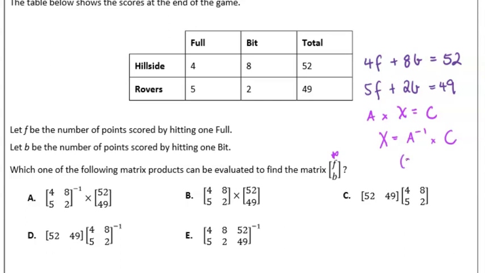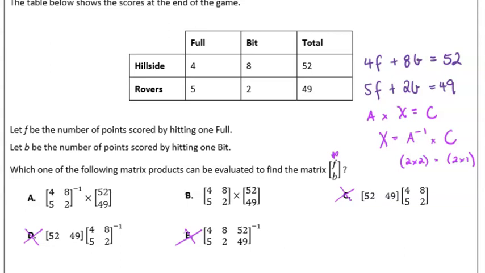So we also know we're going to have a 2 by 2 inverse and a 2 by 1 column. Okay, so we're looking for that format. So knowing that, I can say C is not an option, D is not an option, and E is not an option because those three don't have that correct setup with those correct orders.